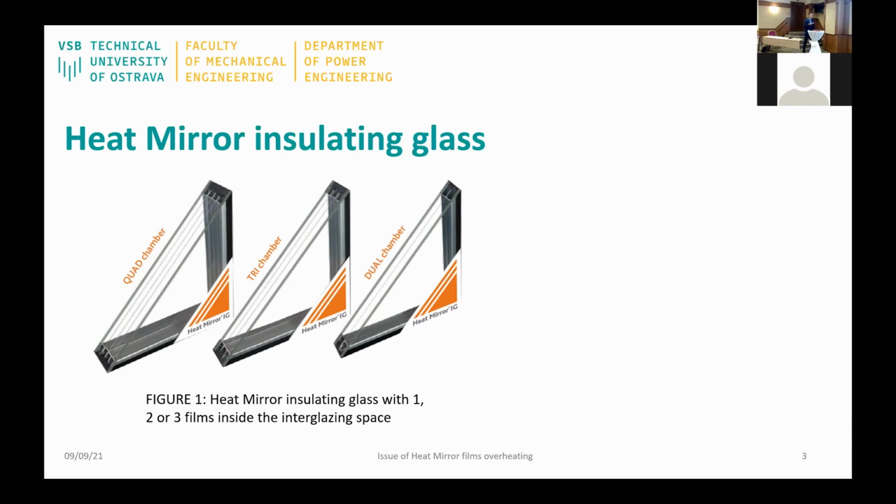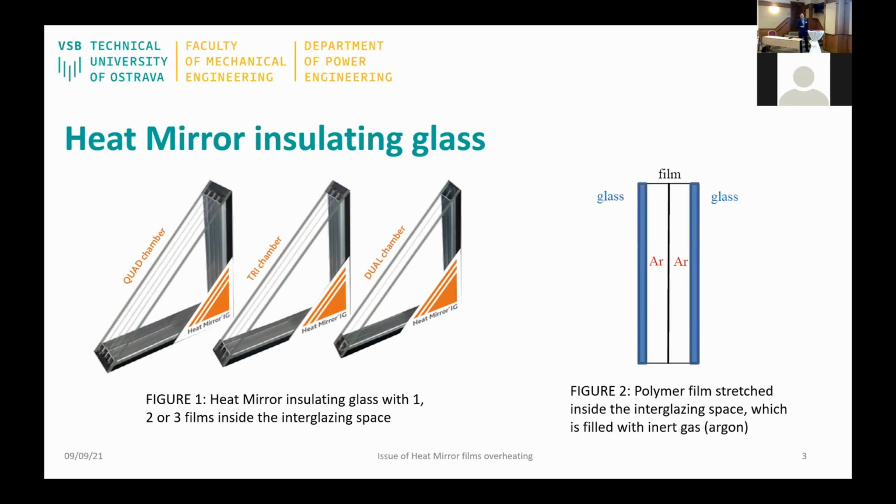The coated polymer films have a thin silver layer, and the name of coated polymer films is heat mirror films. So the problem of heat mirror films is that they overheat, and that is my task, what I analyzed.